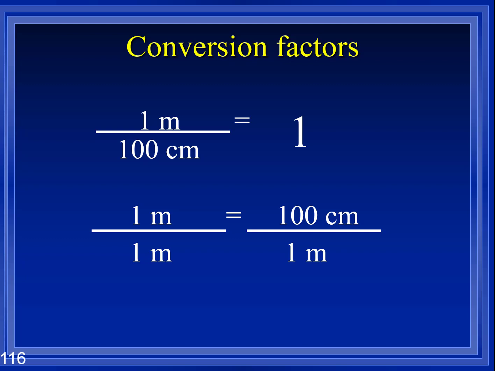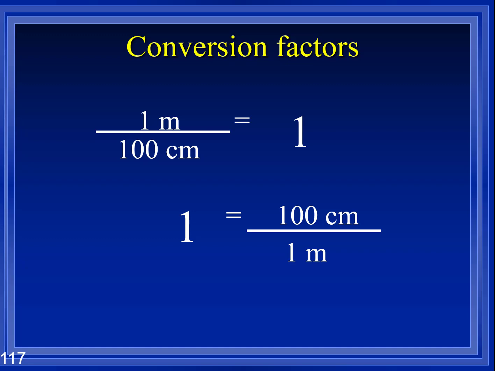Now the left side is going to cancel out, and it's 1. So if I have a ratio of equivalent measurements, it is equal to 1. If the thing on the bottom and the thing on the top are the same size, you've got 1.